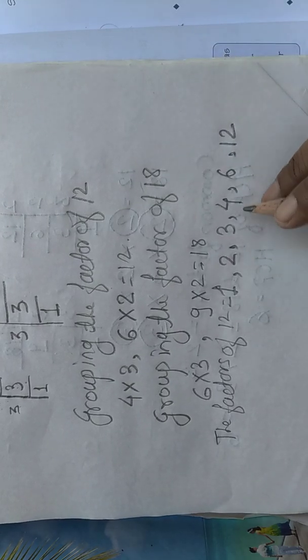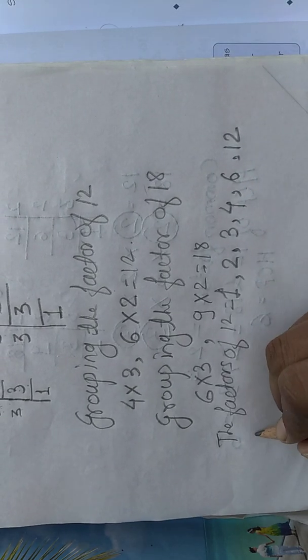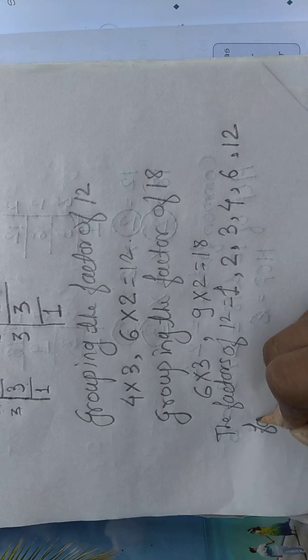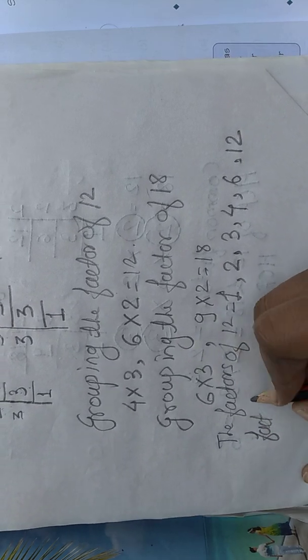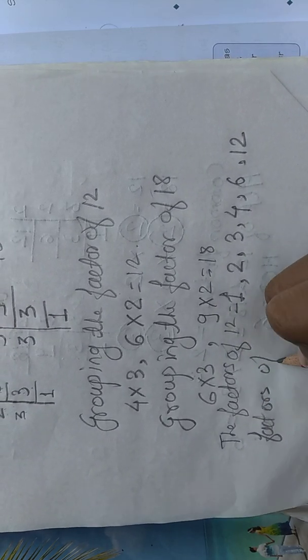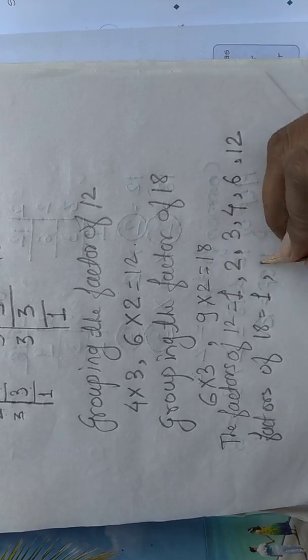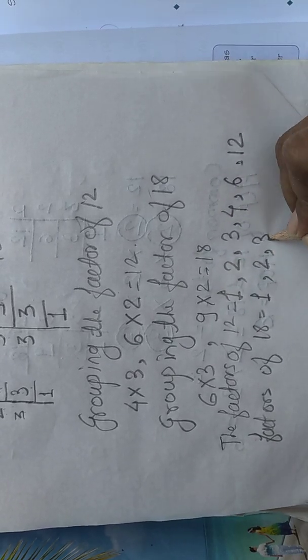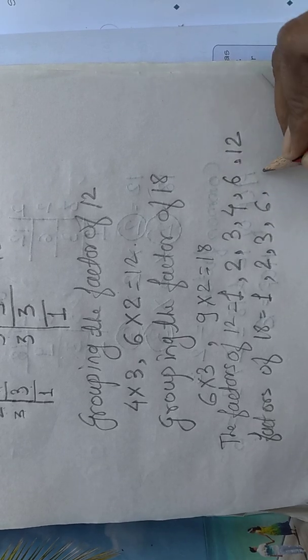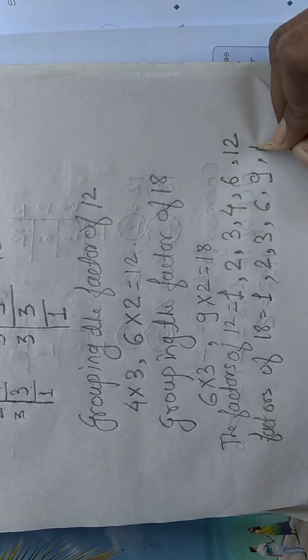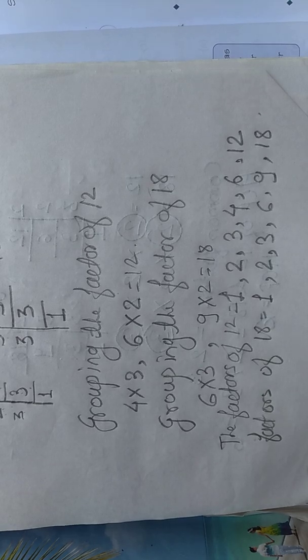Those are the factors of 12. In the same way we find the factors of 18. Again 1 is the common factor, then 2, 3, 6, 9 and 18. So in this way we write all the factors of 12 and 18.